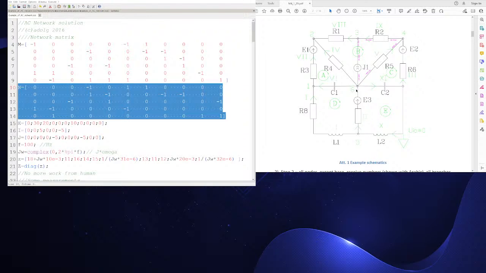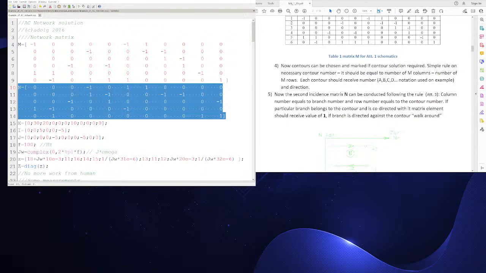This traveler will go one way for contour A, like this for B, and like this for C, and so on. They all go in the same direction, clockwise or counterclockwise. It's not important, we just need to select.